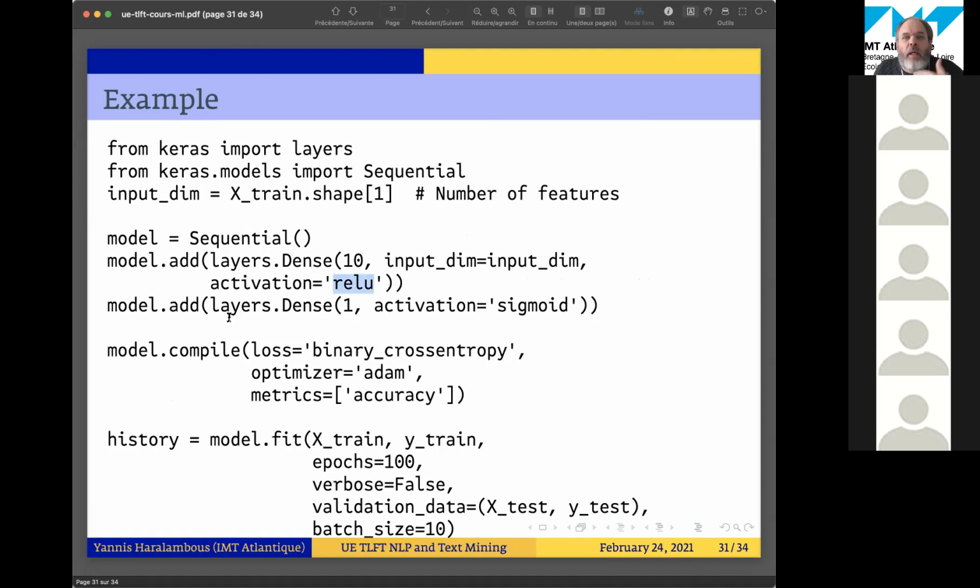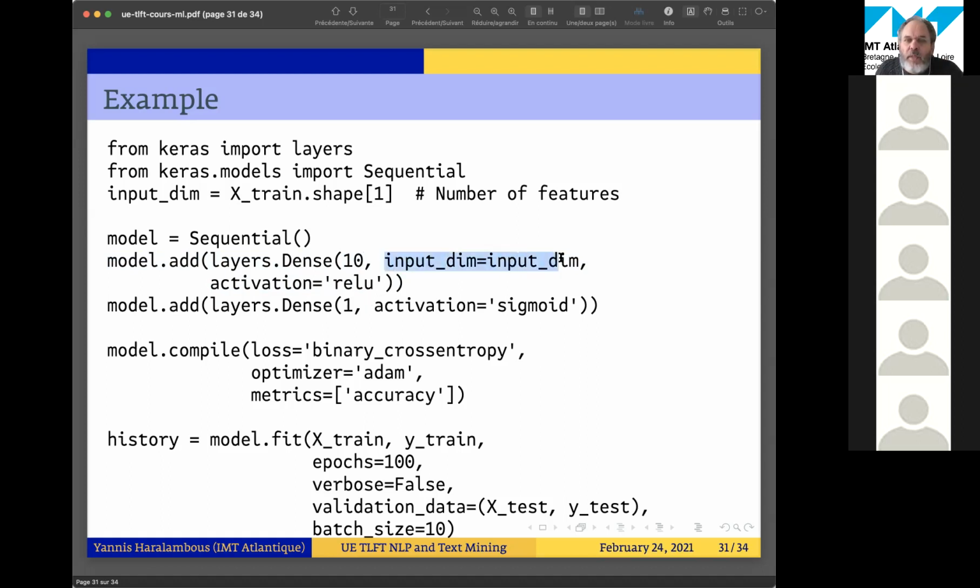And then the next layer, which is the layer going from Z to Y, has an input dimension that is not specified because Keras is very kind. It avoids us calculating dimensions of all layers. It will take the output dimension of one layer as the input dimension of the next layer.